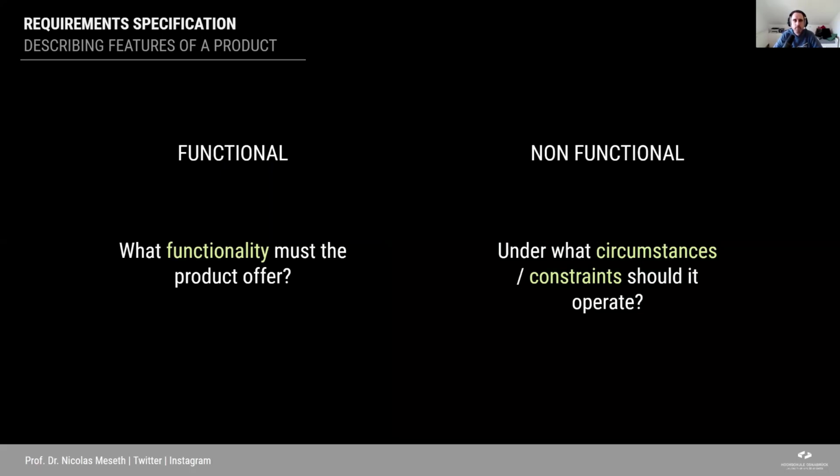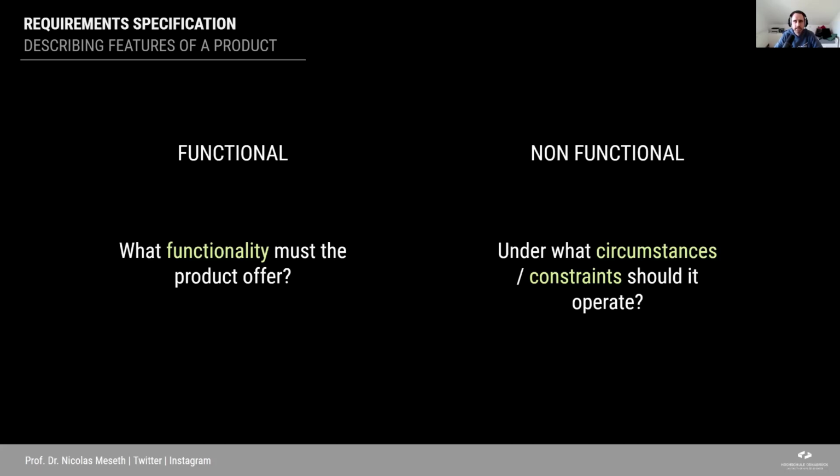And so what we usually do is when we create or develop a new product, we need something that we call a requirement specification, or a specification of the product that gives some information about what the product should do or what the functionality of that product is.